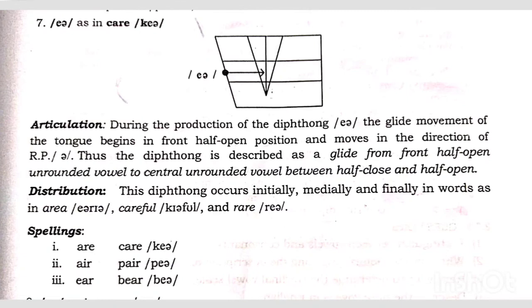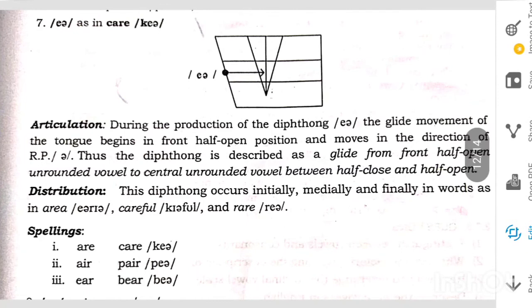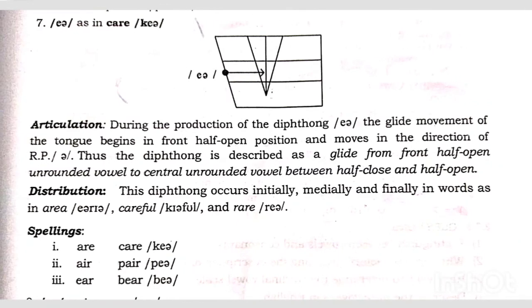Distribution. This diphthong occurs initially, medially and finally in words, as in area. Area. See, here at the beginning, area. We usually say it differently, but the correct pronunciation is area. Then careful.